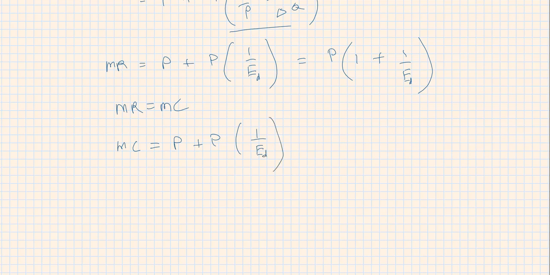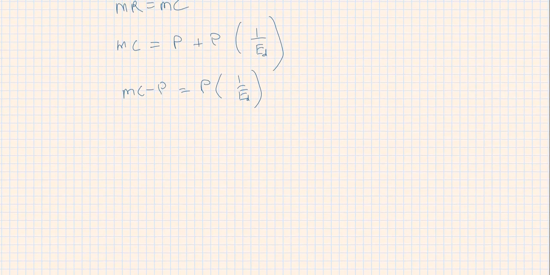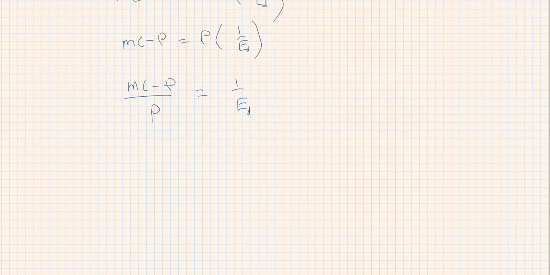Or we can now move price on the other side. We get MC minus P equals P times 1 over ED, or simply MC minus P over P equals 1 over ED. Now, usually markup is what you charge above your marginal cost.